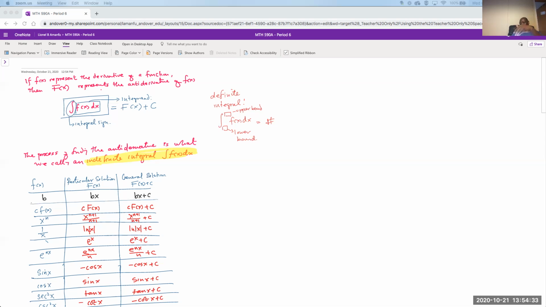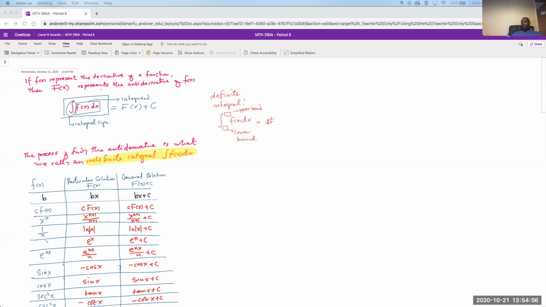All right, so I have this table over here, and I want us to look at it really closely and see if you recognize what's going on here. So on the first column, I have f of x, and remember, f of x represents a derivative. All right, a particular solution is a solution that describes just one family of what the original function is.